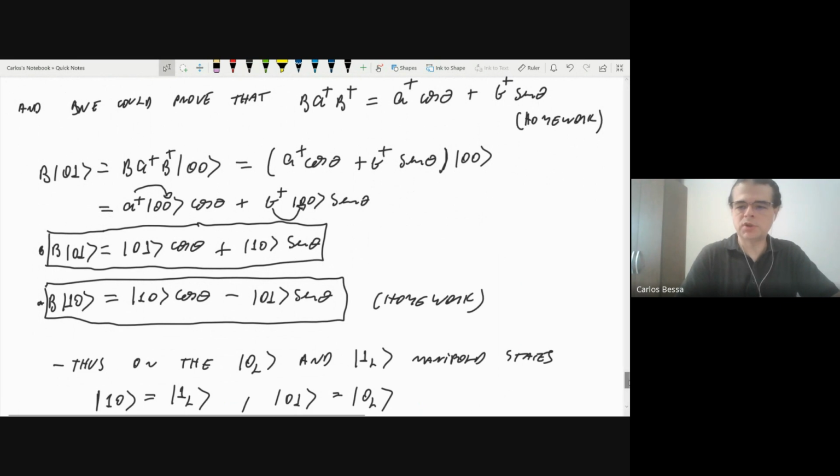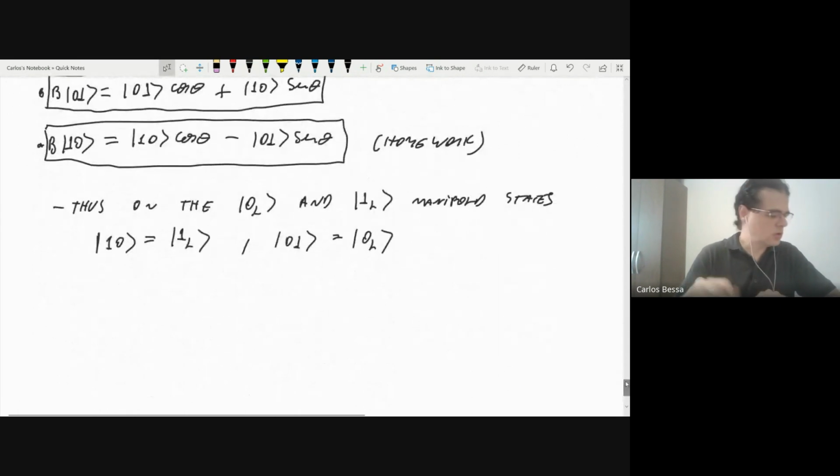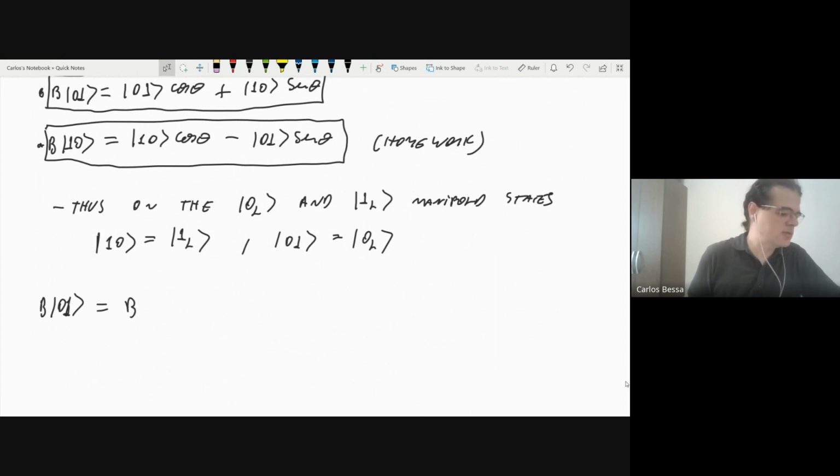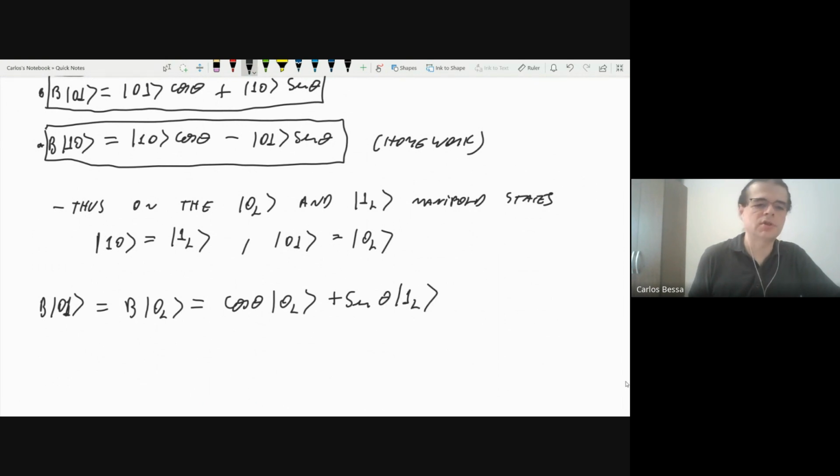And in this representation, we could find that B on 0, 1 is cosine of theta, zero logic, plus sine of theta, one logic.